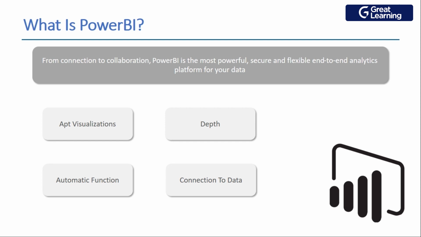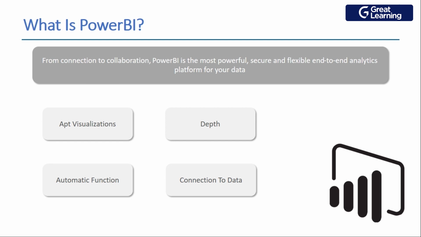Then you have something called automatic functions. Now what are automatic functions? Automatic functions are nothing but the ease with which you can go ahead and create visualizations where Power BI supports you by giving you ample and good suggestions for your data.